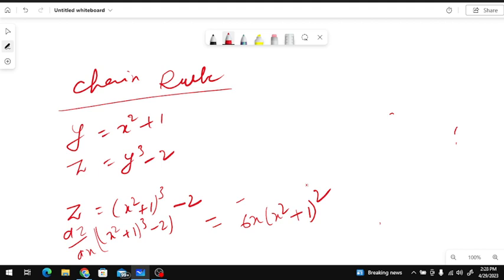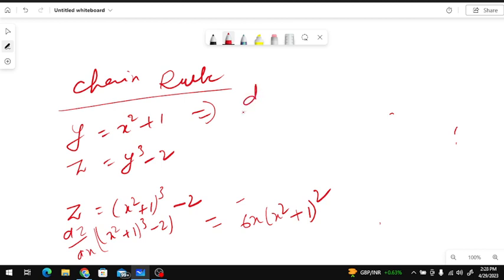But look at this, let's take a different approach. If we take the derivatives of the y and z functions separately and multiply them together, this also produces the derivative of z with respect to x. I am going to differentiate with respect to x.